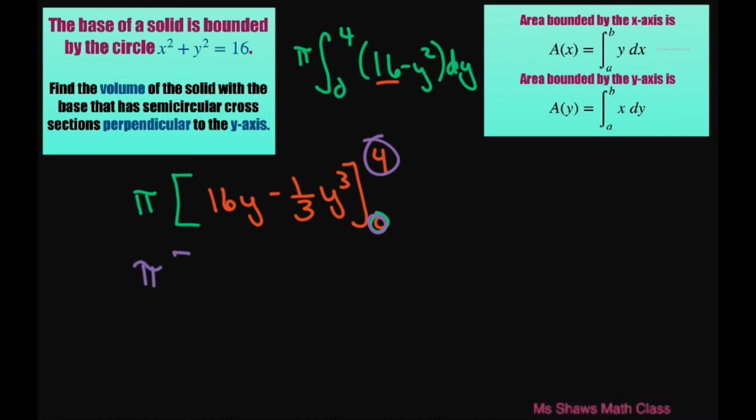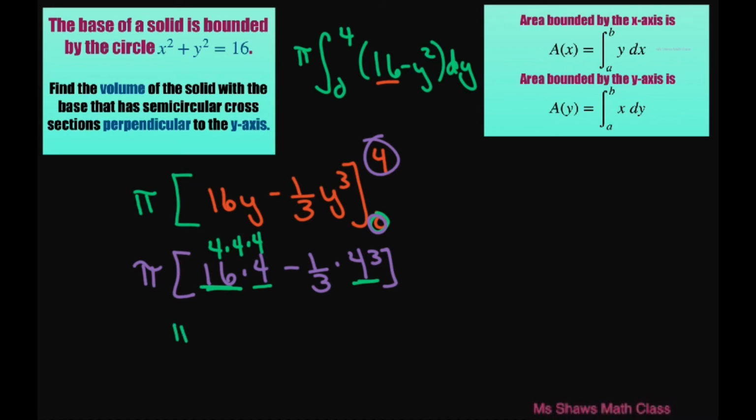So we get pi times 16 times 4 minus 1/3 times 4 cubed. All right. I can factor out a 4 cubed here because I have a 4 here. This is going to be 4 times 4 times 4, right? Because 16 is 4 times 4.